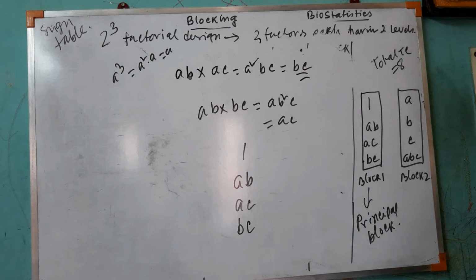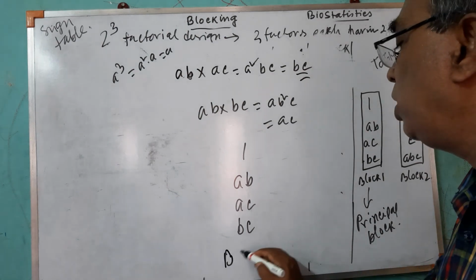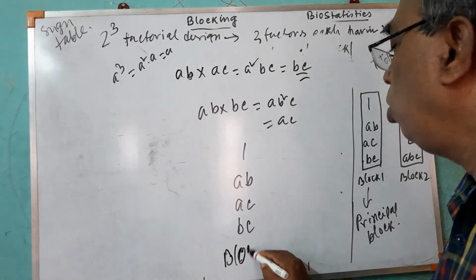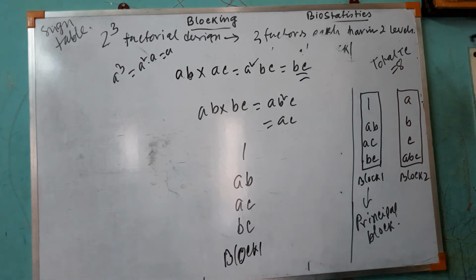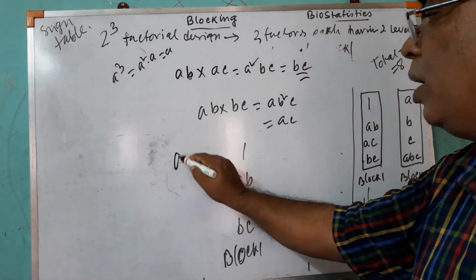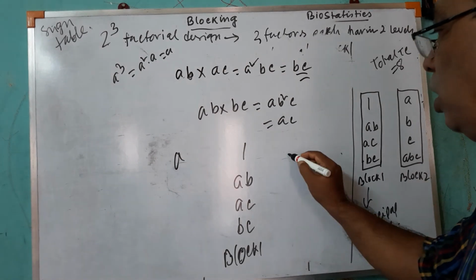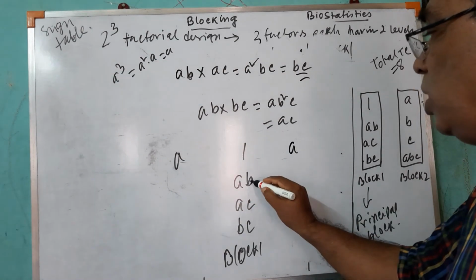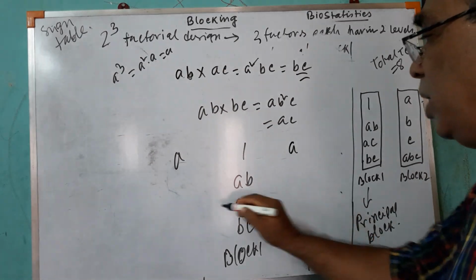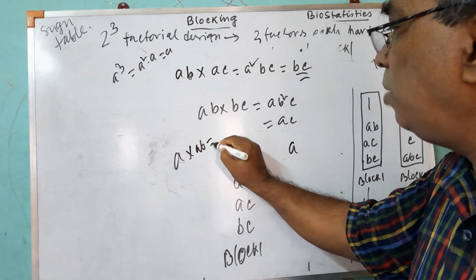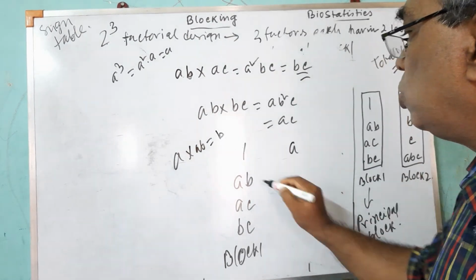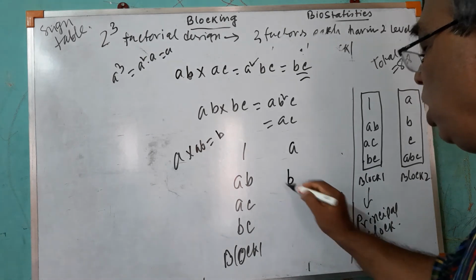Now suppose in block 2 you know one element, suppose one element is A. Then you can write the block 2 elements: A into 1 comes A. A into AB comes A square B, that is B. So it will come B. This is the block 2 element I am writing.